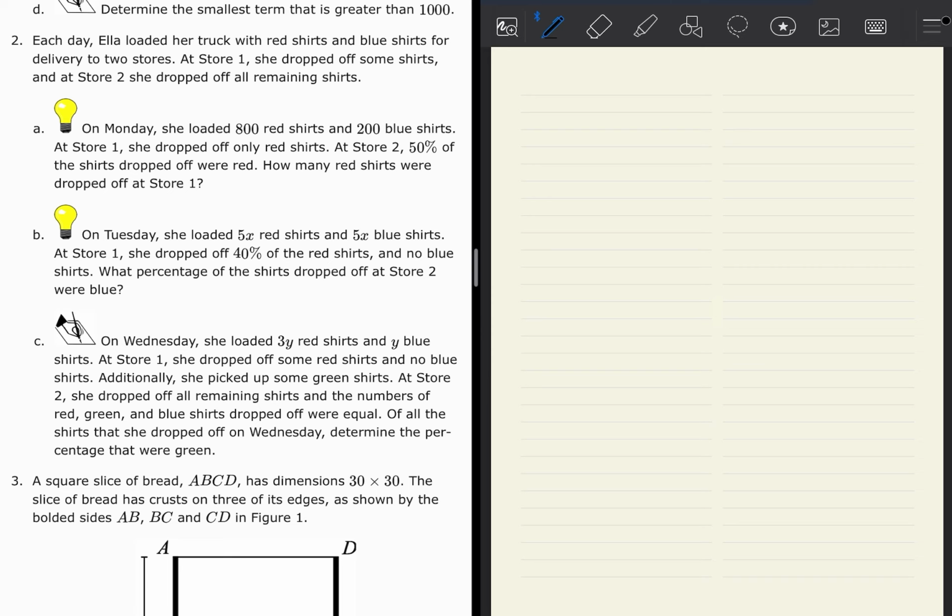Okay, so for question A we can do it something like this. Maybe we can write store 1 and store 2.